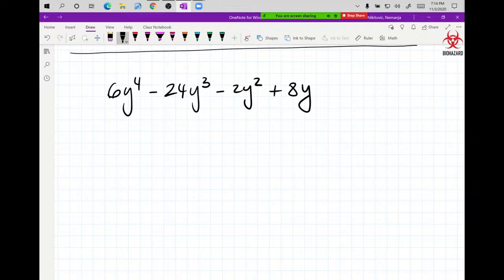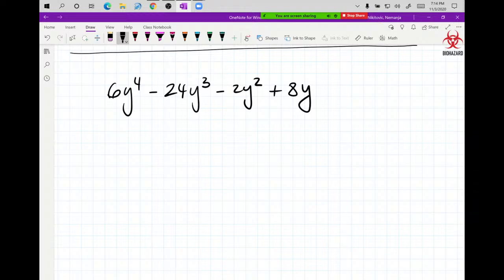We can, if you pay attention to the problem. We can take the GCF before we start grouping. And that is something that people usually don't see, and then their problems become harder.